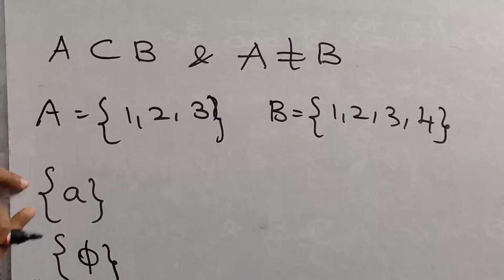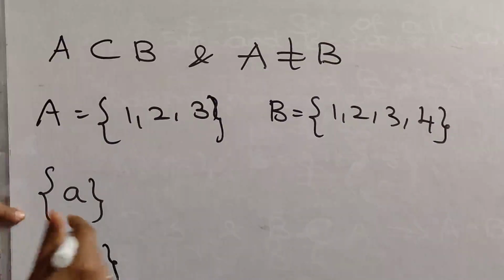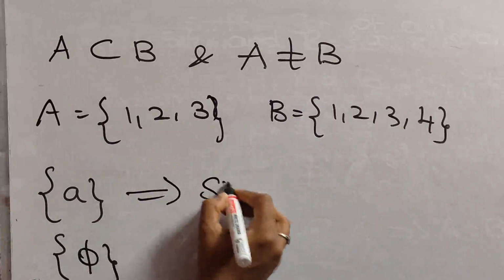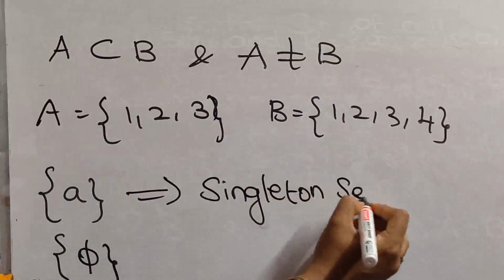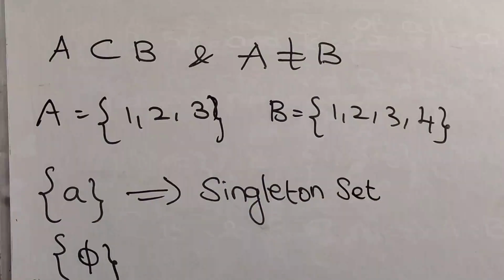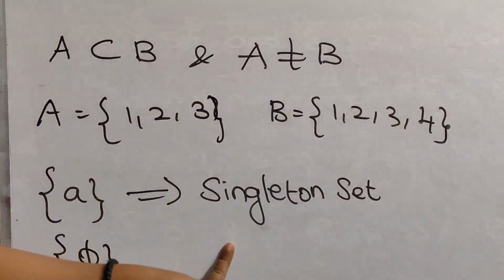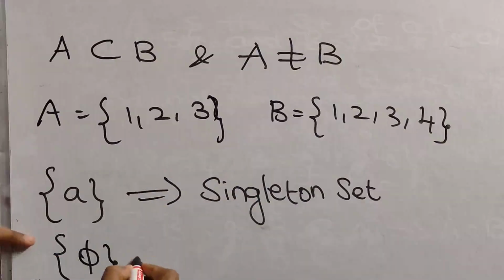If a set has only one element, a single element, we call that set a singleton set. That's why I told you we are not supposed to write the empty set like this. It represents the singleton set.